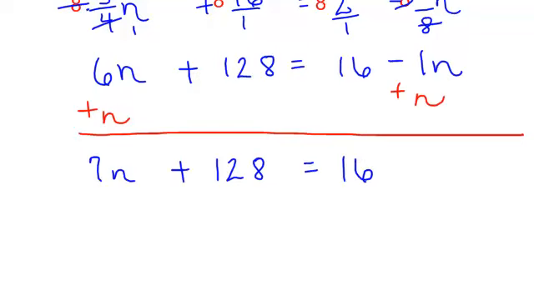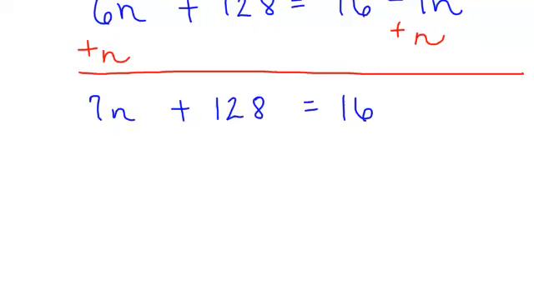And now I am down to a basic two-step equation. I have n, it's multiplied by 7, added to 128. Which one do I get rid of first? Well, I am working my way to the variable. It's like I'm doing order of operations backwards. To get rid of a positive 128, I will subtract 128 from both sides.